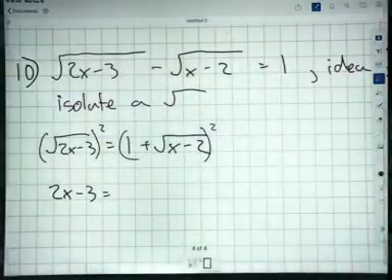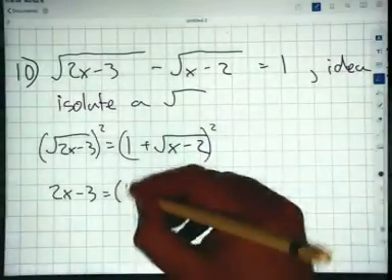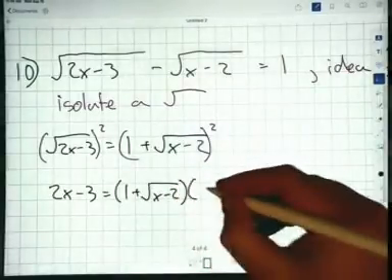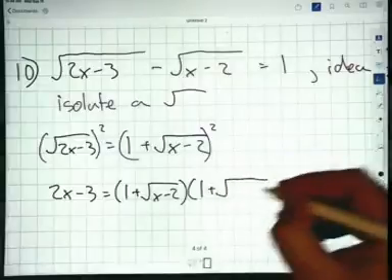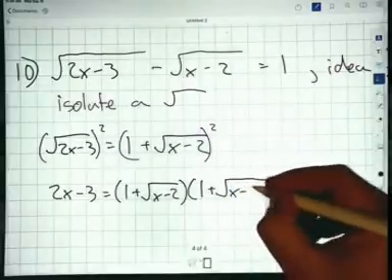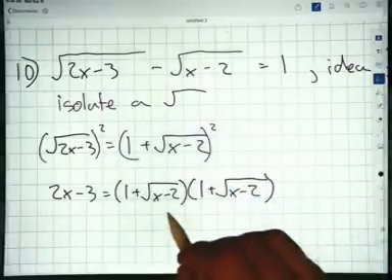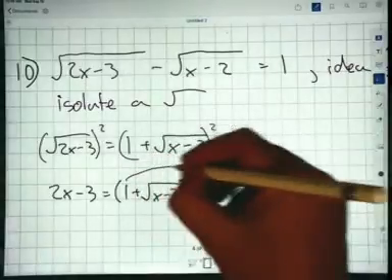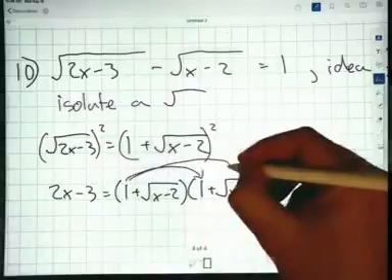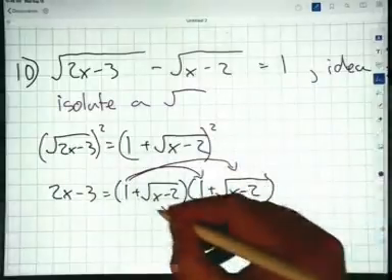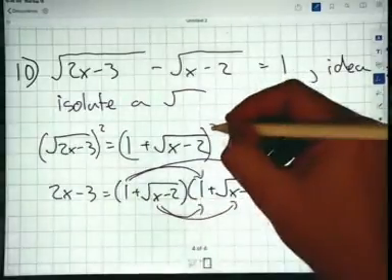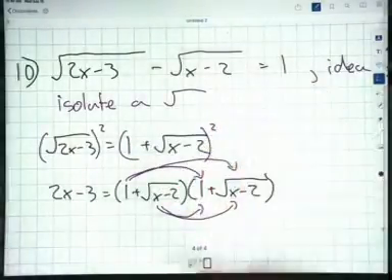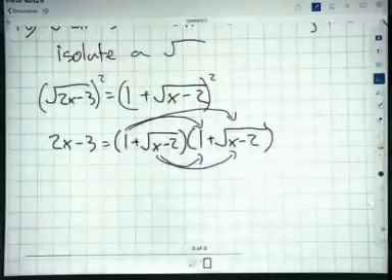No, no, no. You have to think about what this means. It means that you have a binomial times a binomial, which means you're going to FOIL. And that's not going to give you the same thing as if you took 2 to the 1 squared and radical squared. You got to FOIL.